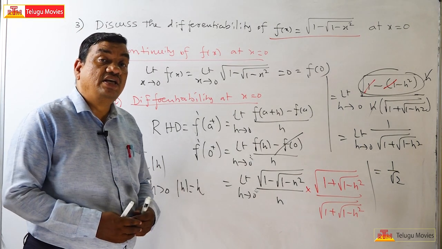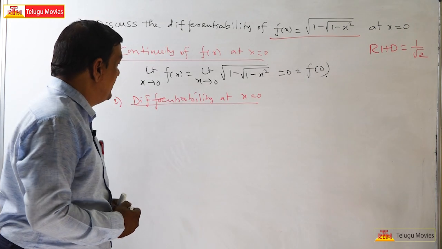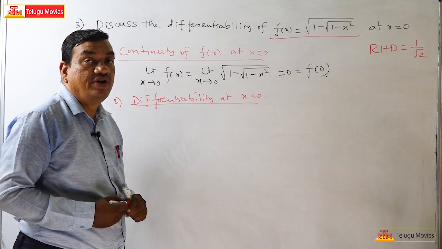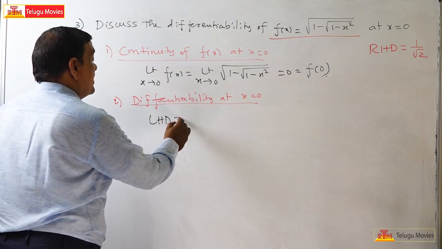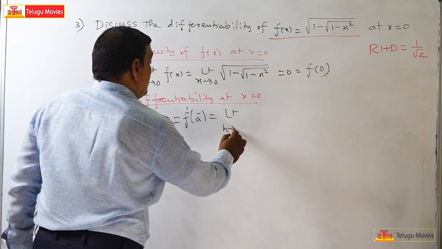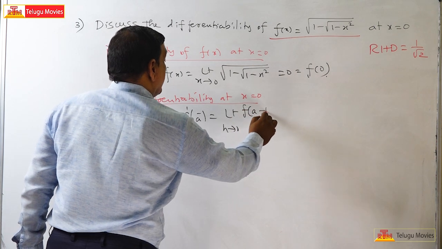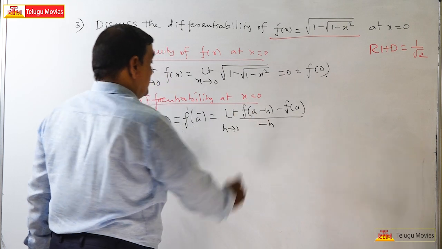Let us find the left hand side derivative. Welcome back. Let us find the left hand side derivative at x is equal to 0. I will write down the definition. Left hand side derivative f dash of a minus is equal to limit h tends to 0, f of a minus h minus f of a, divided by minus h.